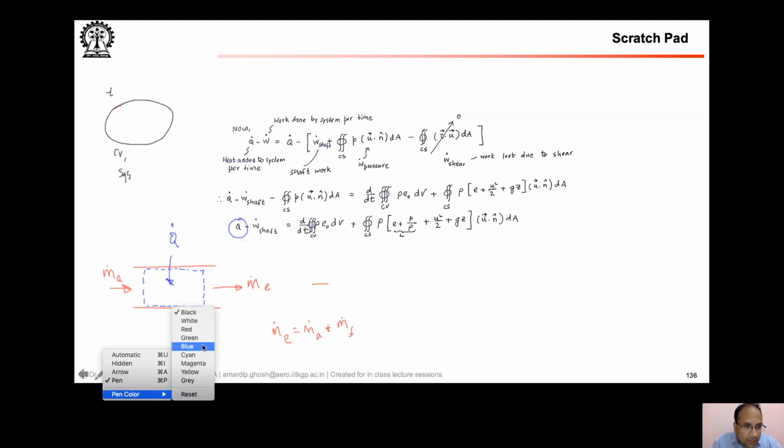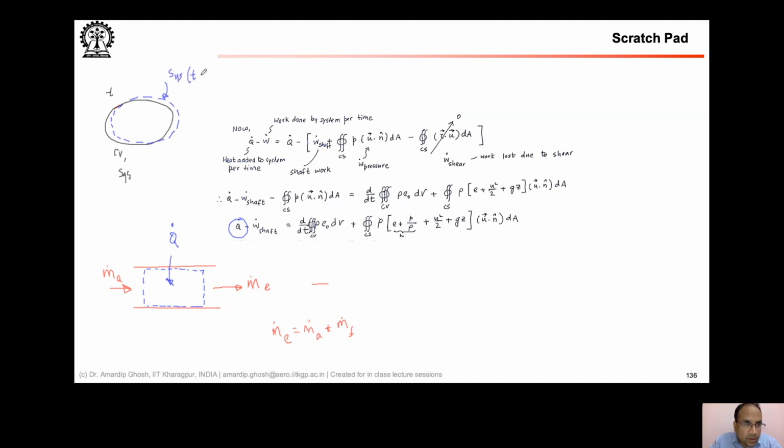Then I said that after some time dt, your control volume is at the same place, but your system has moved. So this is your system at time t.